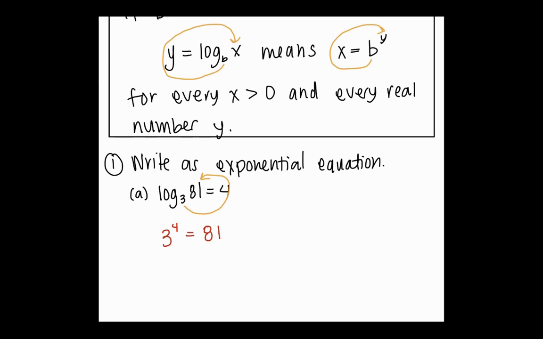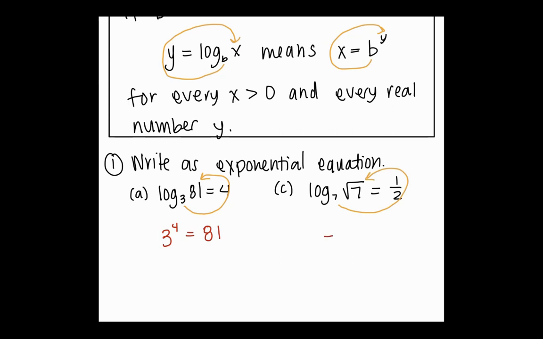We'll do maybe just one more here. I'm going to look at C. For C, I'm saying log base 7 of the square root of 7 equals 1/2. I'm going to do the same thing. Let's start with a 7, work my way around to the square root of 7.